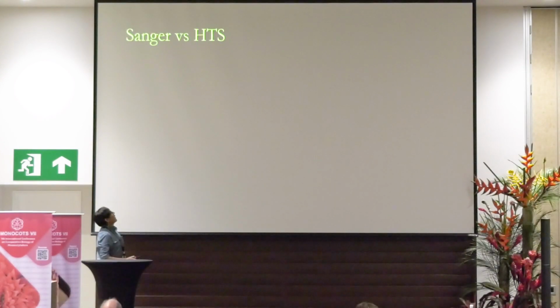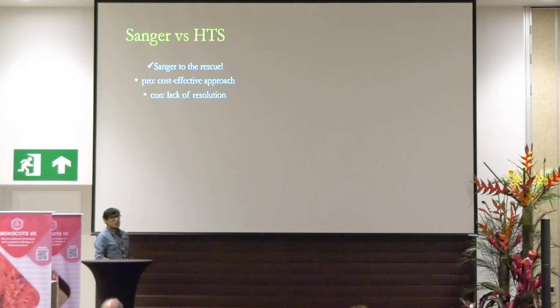And also, one of the most cost-effective ways of documenting this huge biodiversity has been Sanger sequencing, right? And the thing is that there are some cons and some pros about using Sanger sequencing.